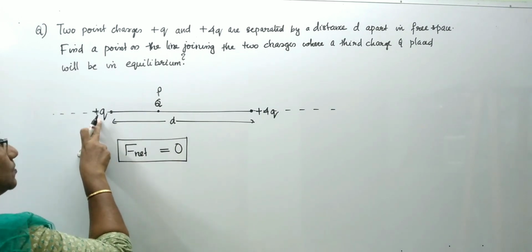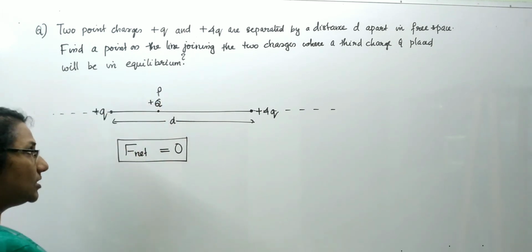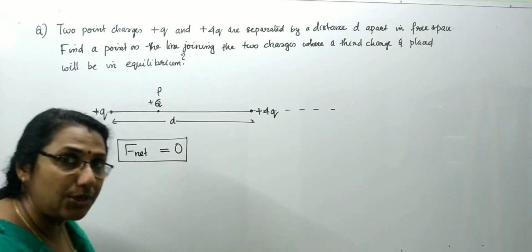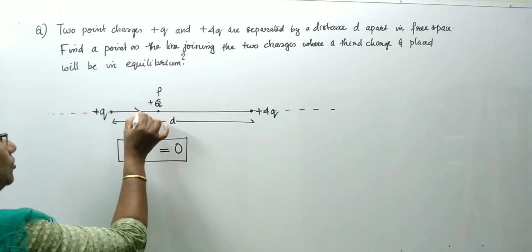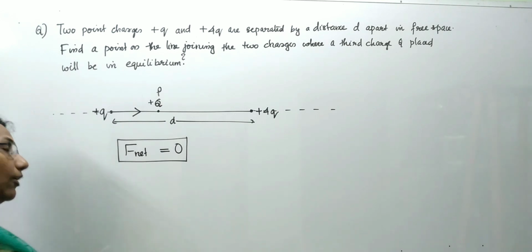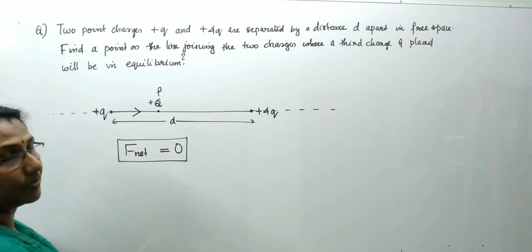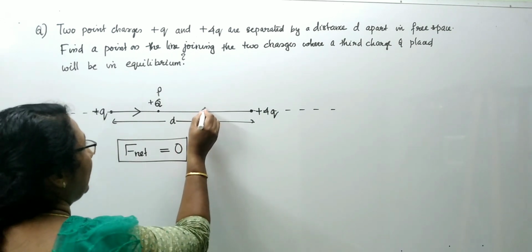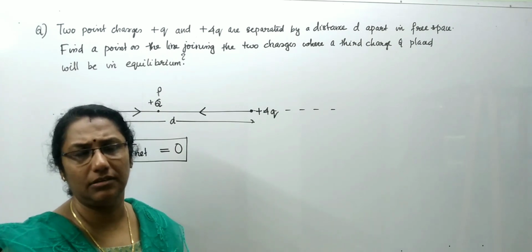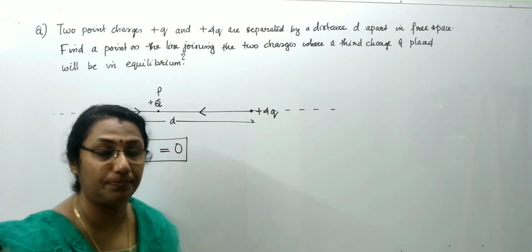We know this is plus Q, and since it is given as capital Q, it will also be plus. Two like charges repel. So plus Q repels plus capital Q away from it, that is, the direction is towards the right. Similarly, plus 4Q also repels the plus Q, like charges repel, so the direction is towards the left. So they are in opposite directions, so there is a chance for the force to become zero.